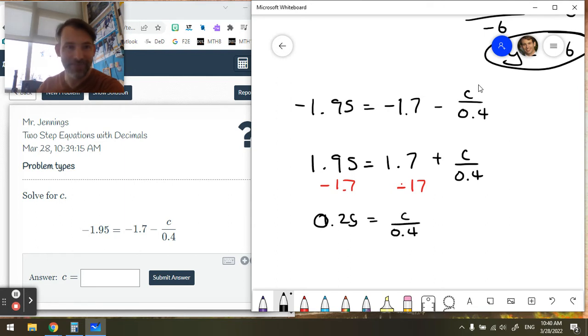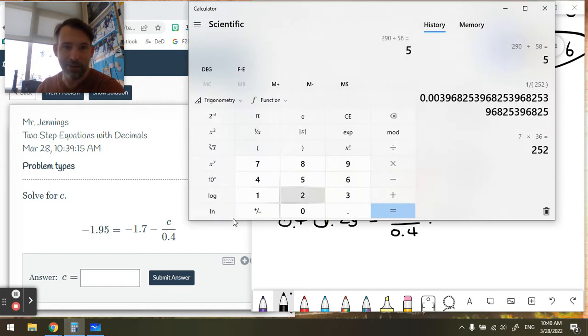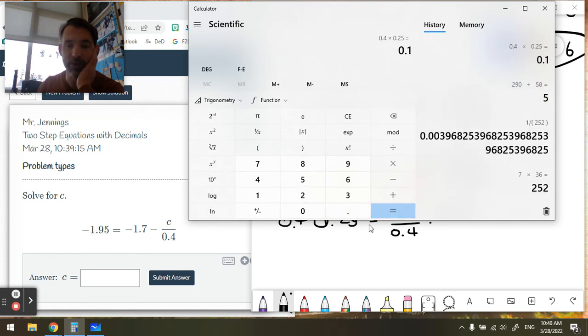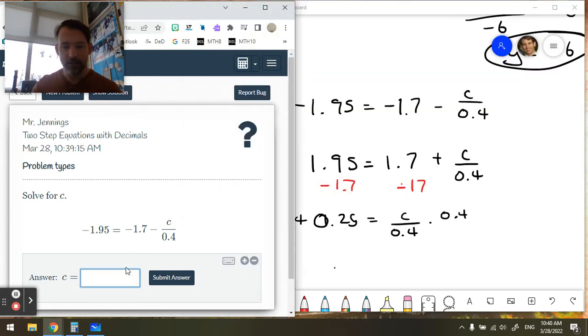Now I multiply both sides by 0.4. And so what's 0.4 times 0.25? I think it's 0.01. Okay, let's try. 0.4 times 0.25 equals 0.1. So c is 0.1.